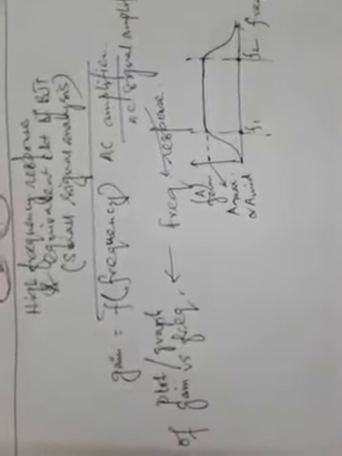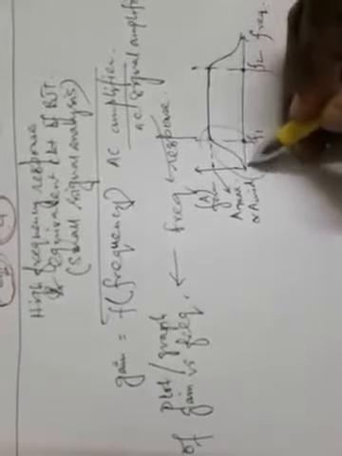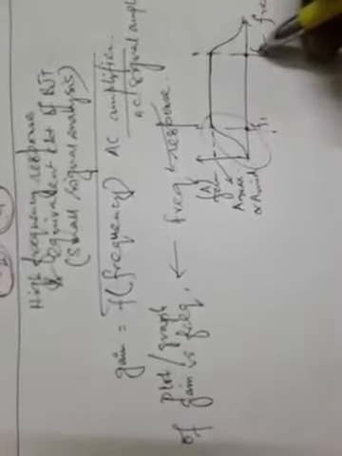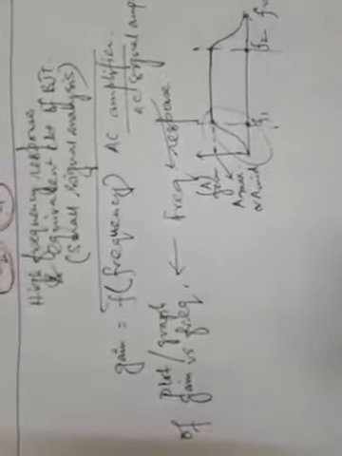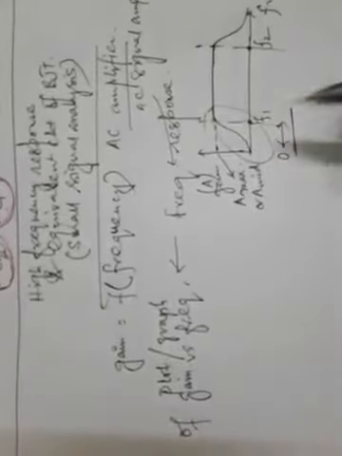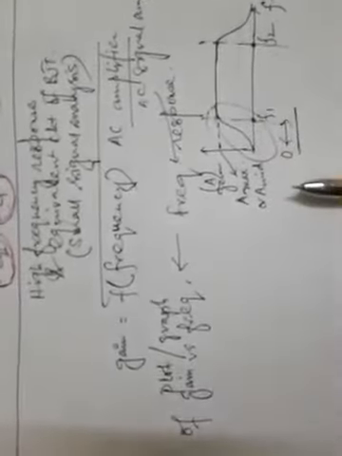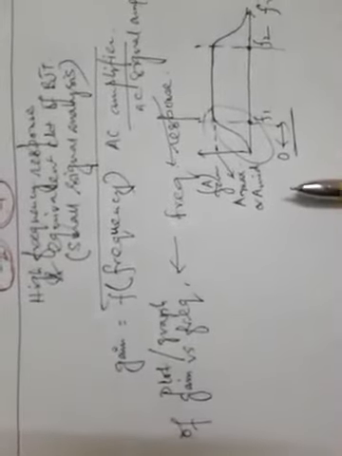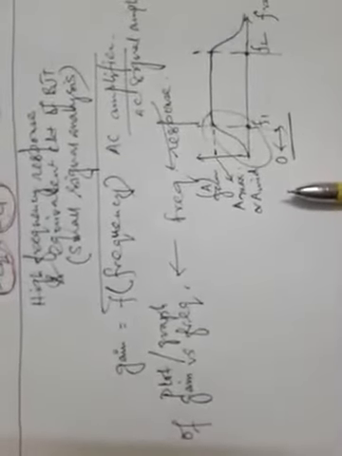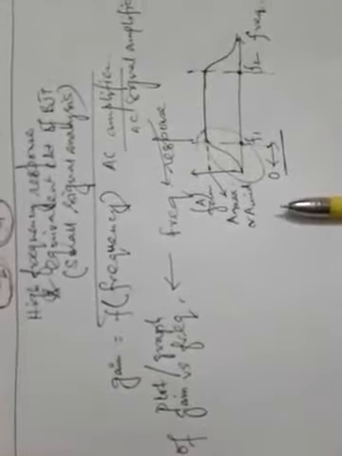At low frequencies, you can see in this region the gain steadily decreases. This gain at low frequencies, from 0 to f1, steadily decreases because of the presence of the coupling and bypass capacitors in the transistor amplifier circuit.